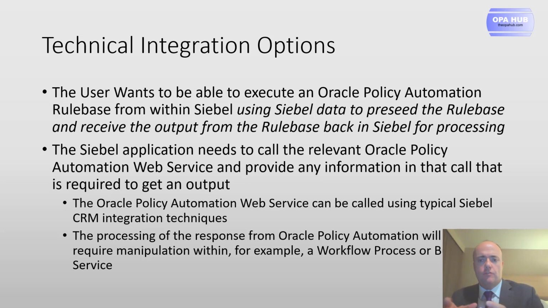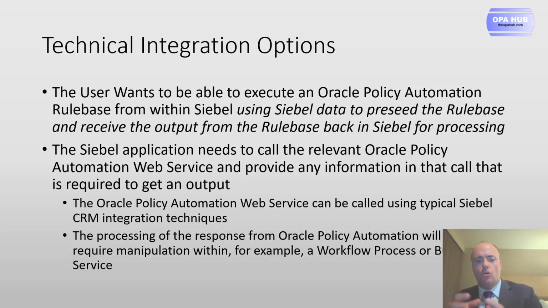So in a sense, we've got to prepare some data, send it to OPA, wait for the interview to finish, and then we'll receive the answer, which will probably include more data from Siebel. So you've probably guessed it. In that context, we're going to be using a web service, because with Oracle Policy Automation, each time you deploy a new set of rules in OPA, you essentially create a new web service.